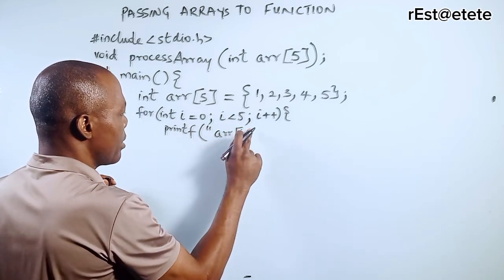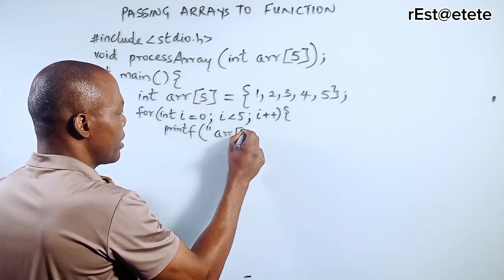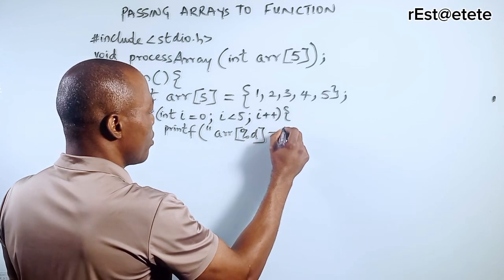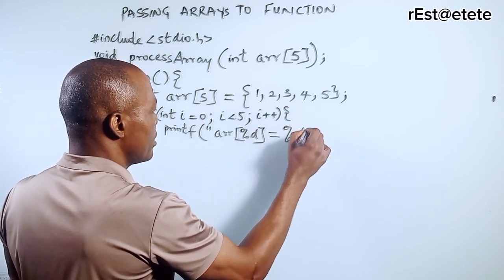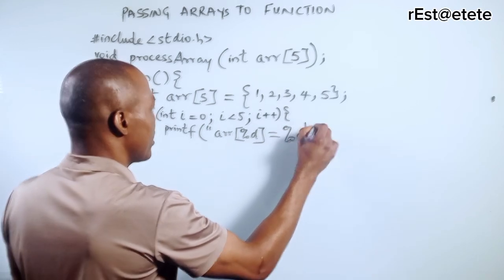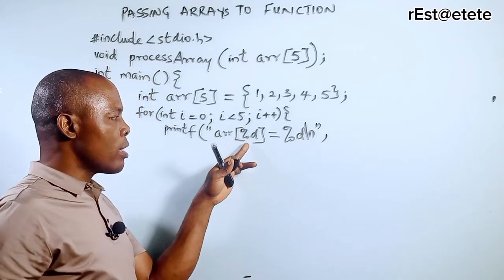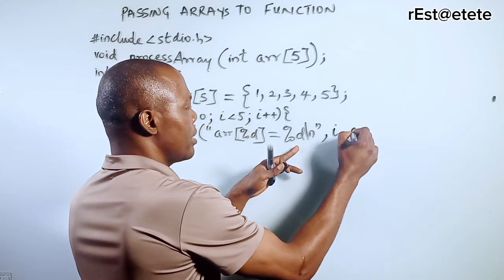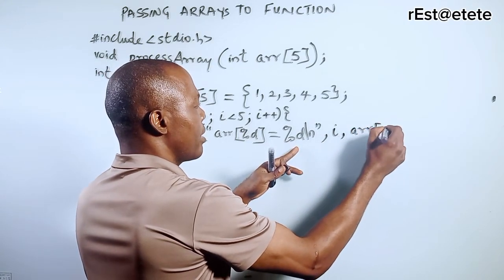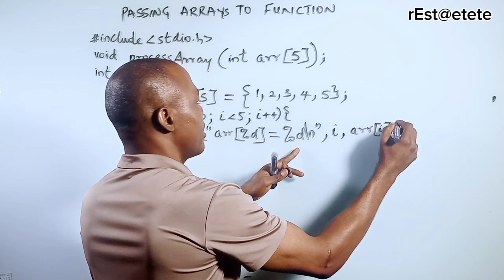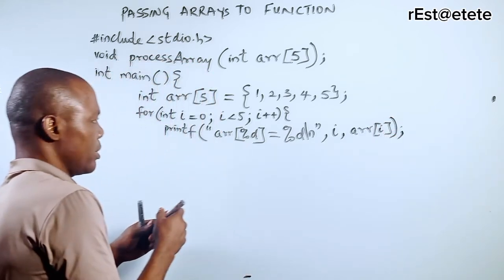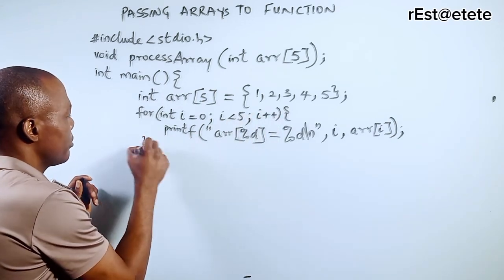So I'll say this place, percentage d as equals to percentage d slash n, then close this. So this one will be expecting i, while this one will be expecting array i. Then I will close my printf.